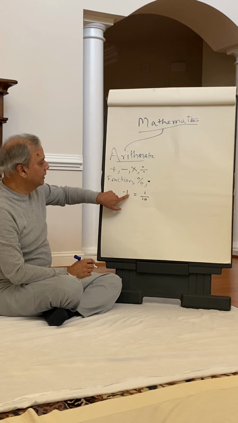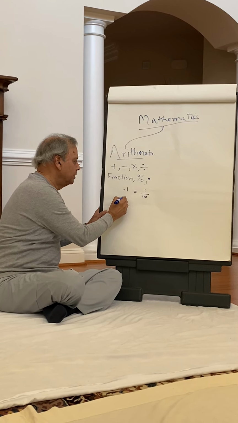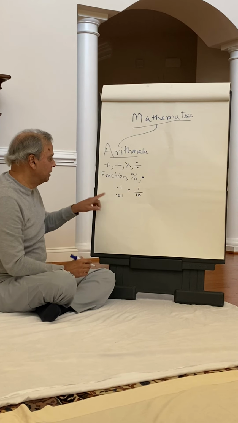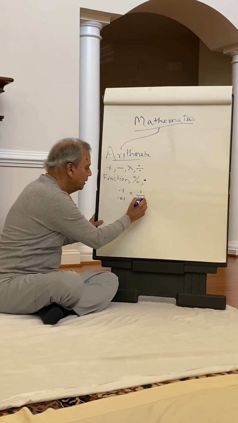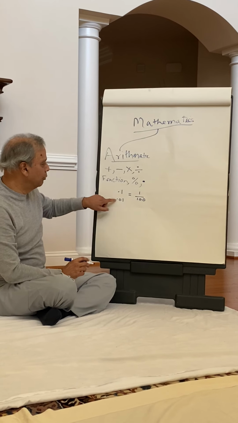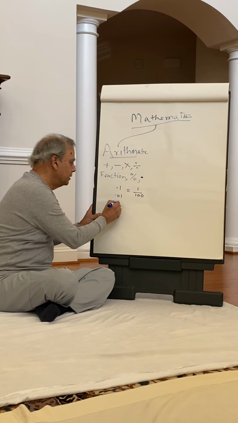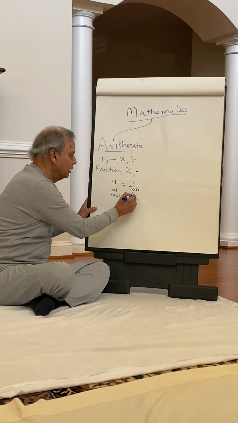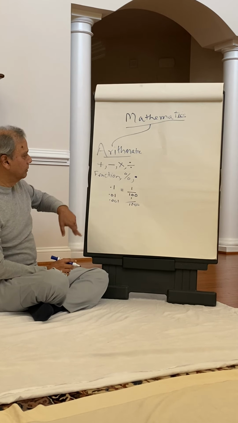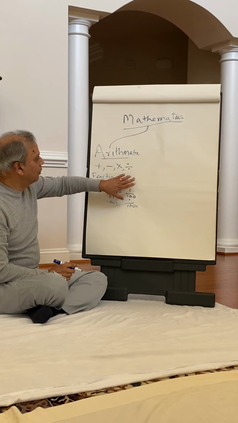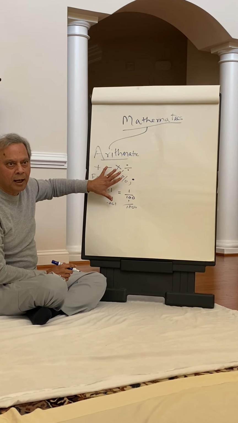So 0.1 is 1/10. 0.01 means there are 2 digits after the decimal point, so you put 2 zeros. So 1 out of 100 is 0.01. 0.001 is 1 out of 1000. And so on. Okay? So all this is you are working with arithmetic.